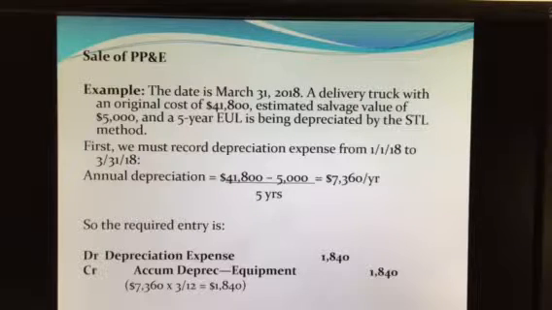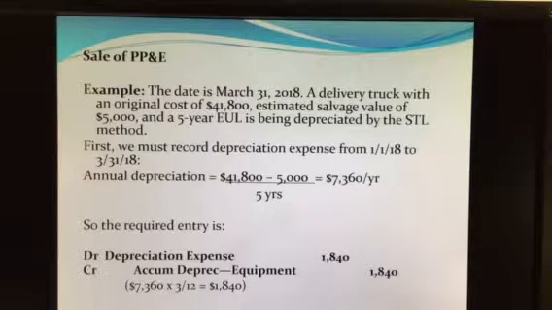So the required entry to update depreciation as of March 31st, 2018 is a debit to depreciation expense and a credit to accumulated depreciation, equipment, for $1,840. Notice how that amount is figured: $7,360, the annual depreciation amount, times 3/12.